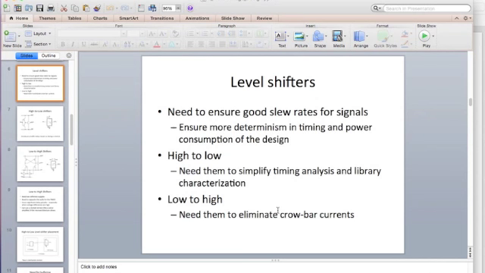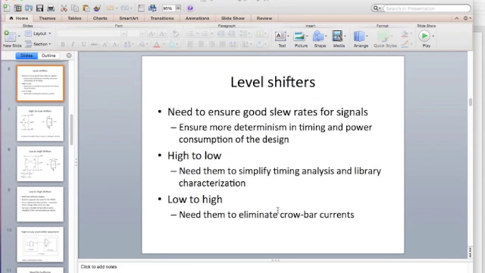Also, for example, if you are going from a high voltage to a low voltage domain, sometimes, from a functional point of view, or a power point of view, you don't explicitly need a level converter. You can directly get the signals in.